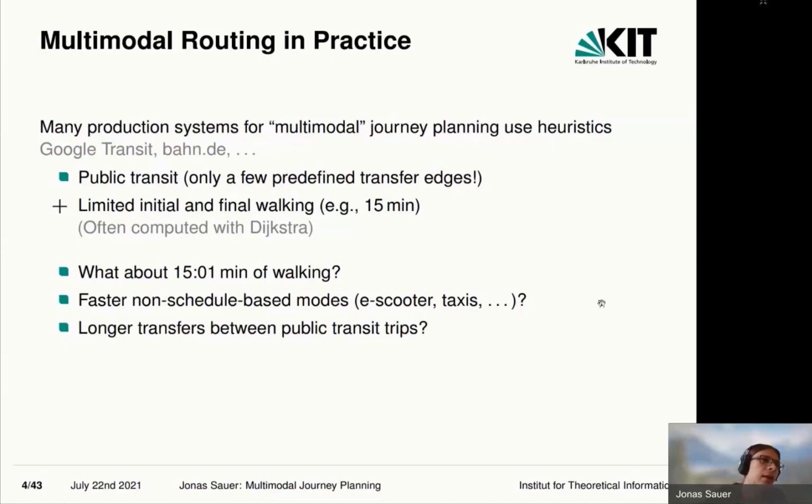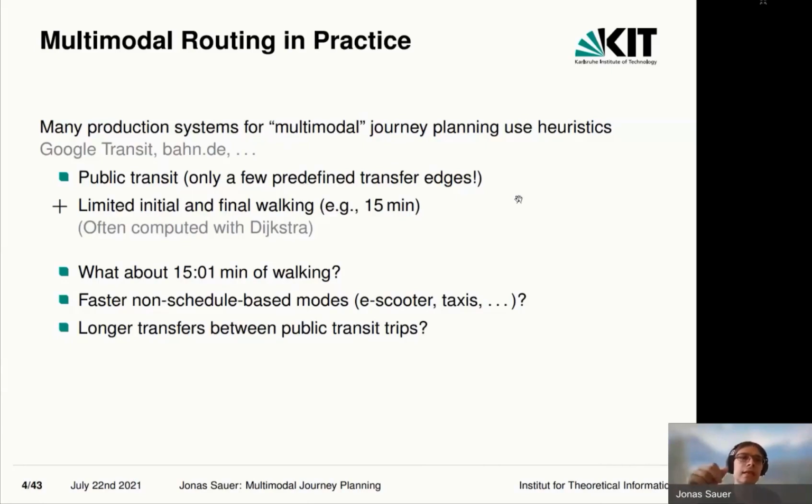And finally, we only allow a few predefined transfer edges in public transit, and that usually means stuff like if you have a train station and you have a bus station right in front of the train station, then you might have a transfer edge connecting those two.